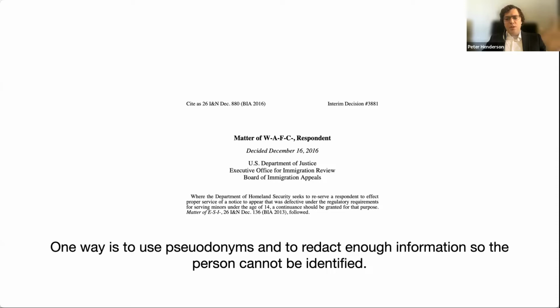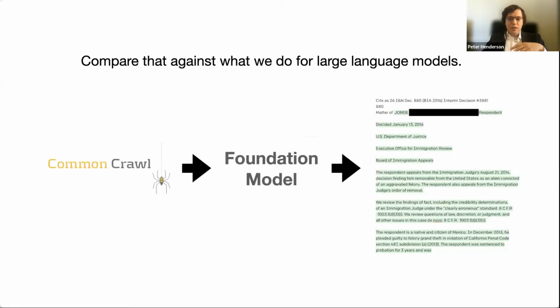So they'll very much look to what is the underlying fact pattern, what is the potential harm, and think about those situations when they decide whether to use a pseudonym, whether to redact something, whether to seal something. But that's very much different than what we do for language models, right?